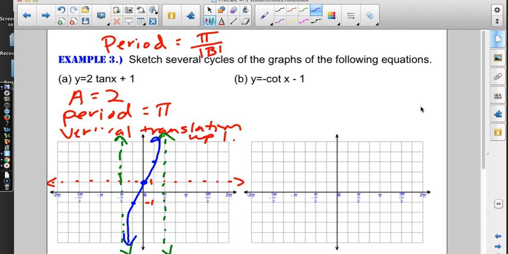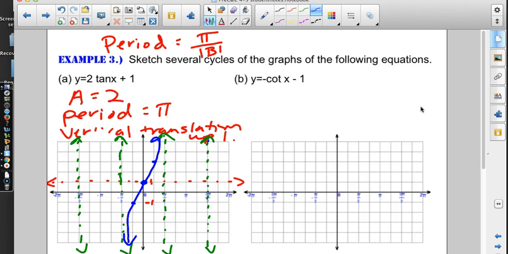And then it says just several cycles. Okay, so we're going to go from pi over 2 to 3 pi over 2 because that would be another 1 pi. And maybe I'll go back to negative 3 pi over 2. But we're going to do the exact same thing.